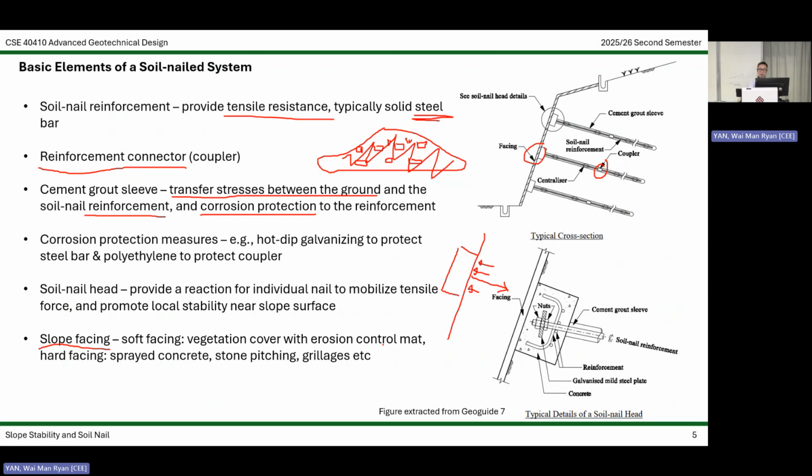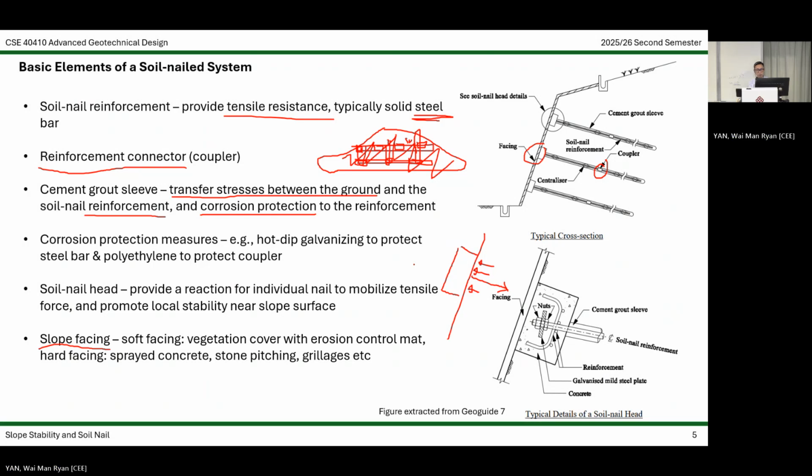On the other hand, you may spread concrete, or put in a grillage system. Grillage means you have a lot of concrete beams on the surface, in both directions. It also helps as surface erosion control. So soft cover, hard cover.